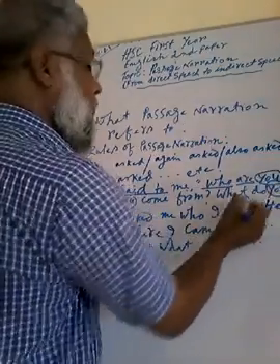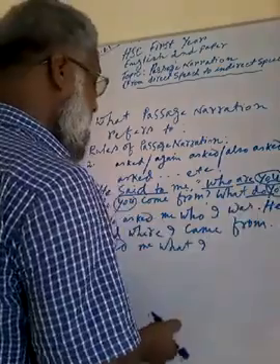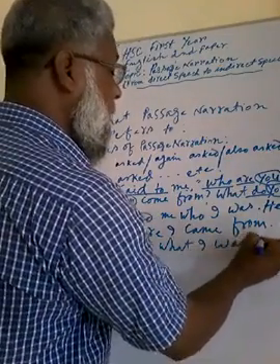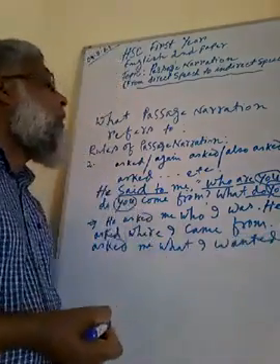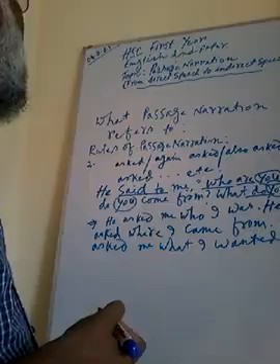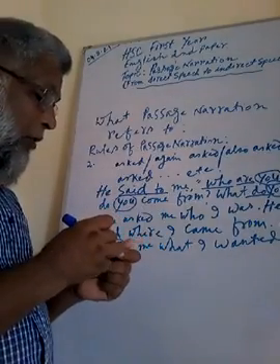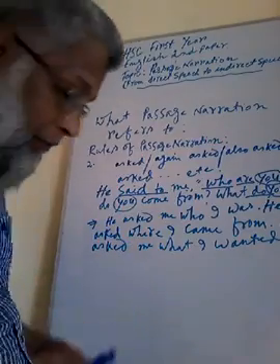"You" should be changed into "I". "What do you want" is present indefinite tense, so it becomes "what I wanted". Okay, learners, in case of interrogative sentences, we should follow this way.